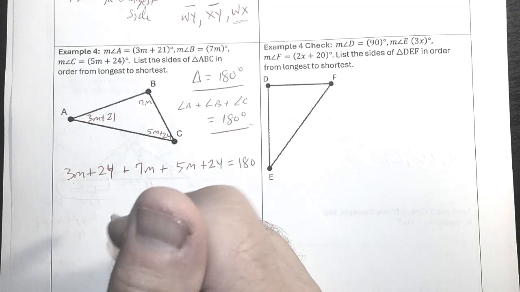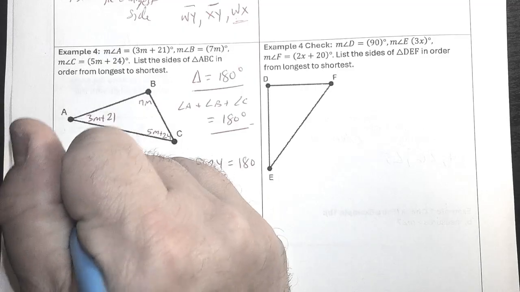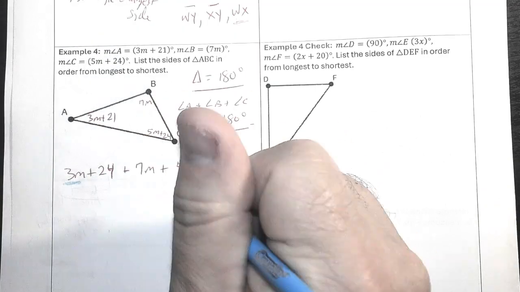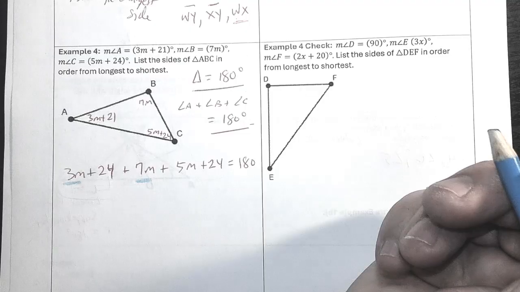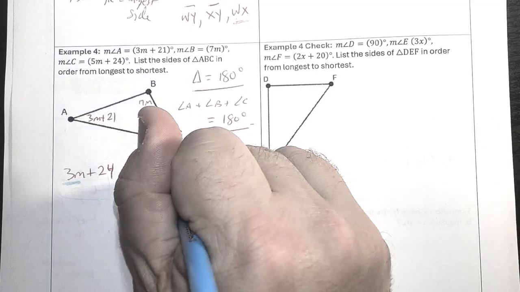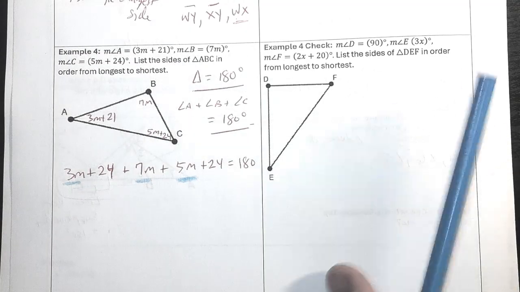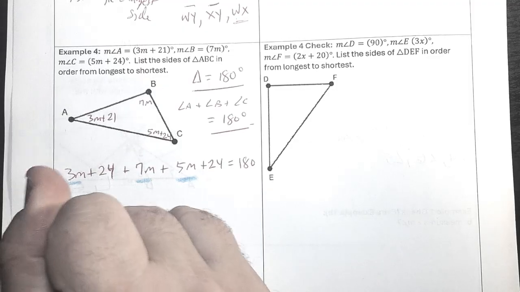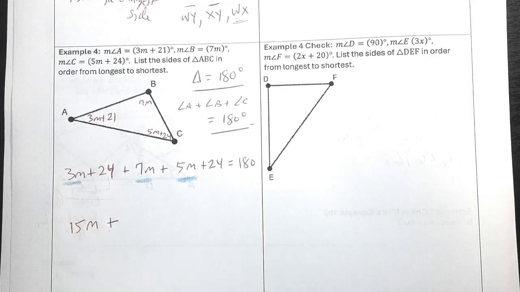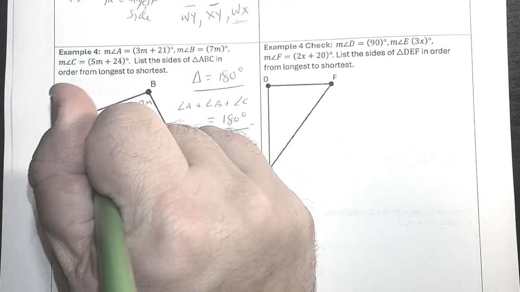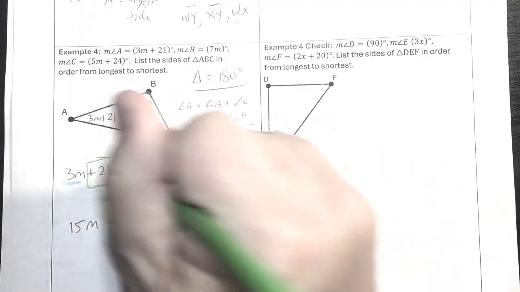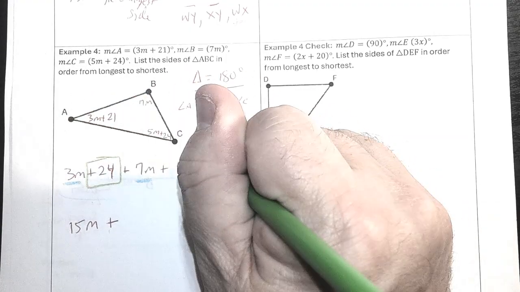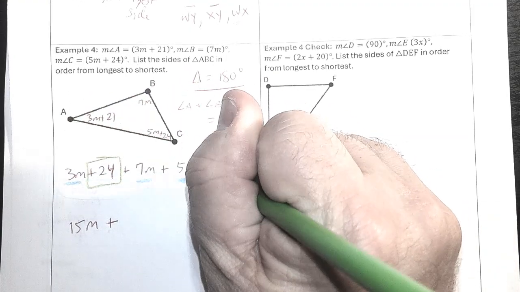So 3m plus 7m is 10m plus another 5m makes 15m plus, I can do plus because they're all pluses. I don't have to worry about it being a negative. So we got a 24, and then another 20.